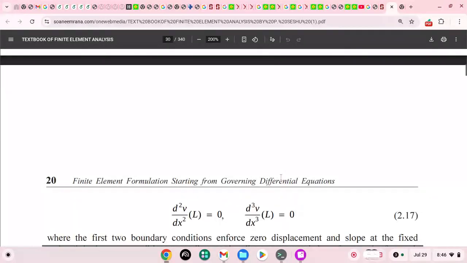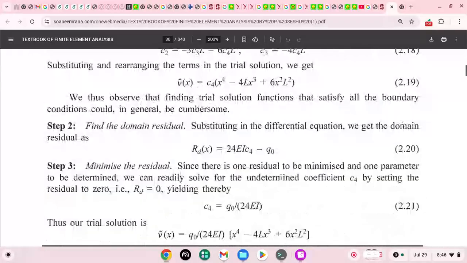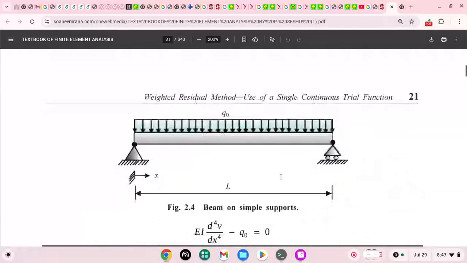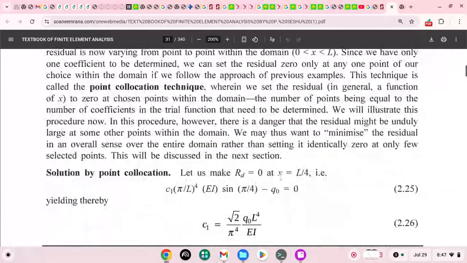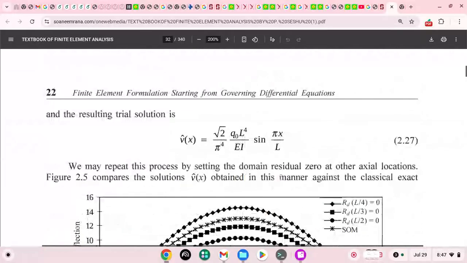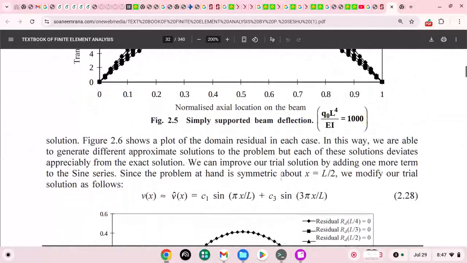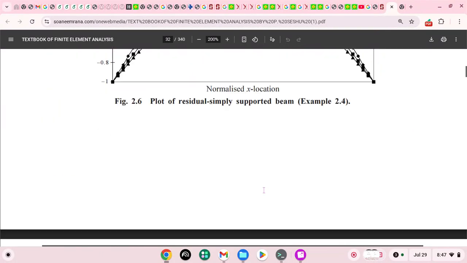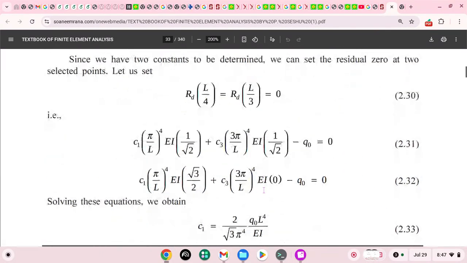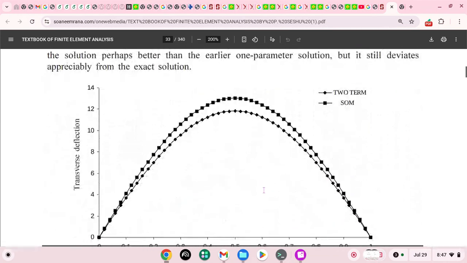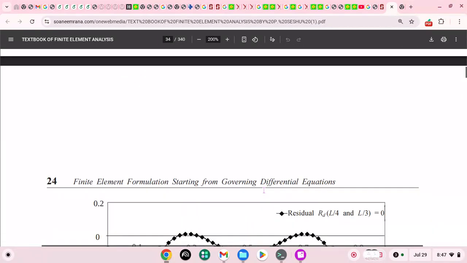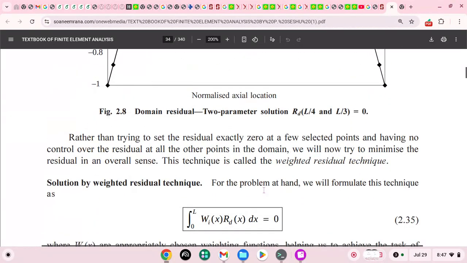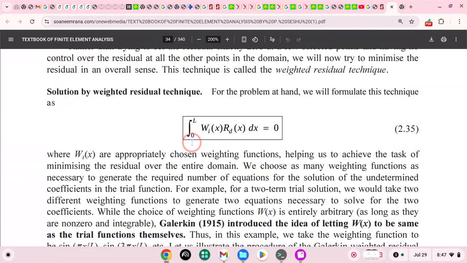This problem explains how a single trial function with small coefficients becomes problematic and doesn't give you a minimal residual throughout the domain, and the necessity for us to formulate more basis functions, local support basis functions, and the weighted integral formulation is motivated by the above example.